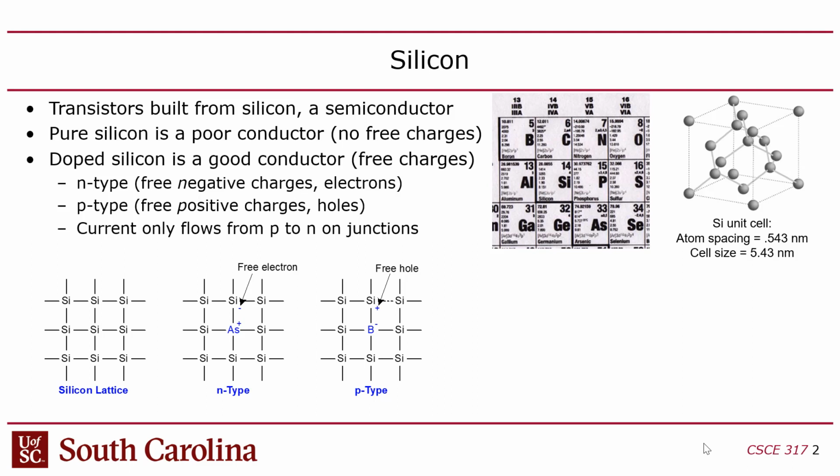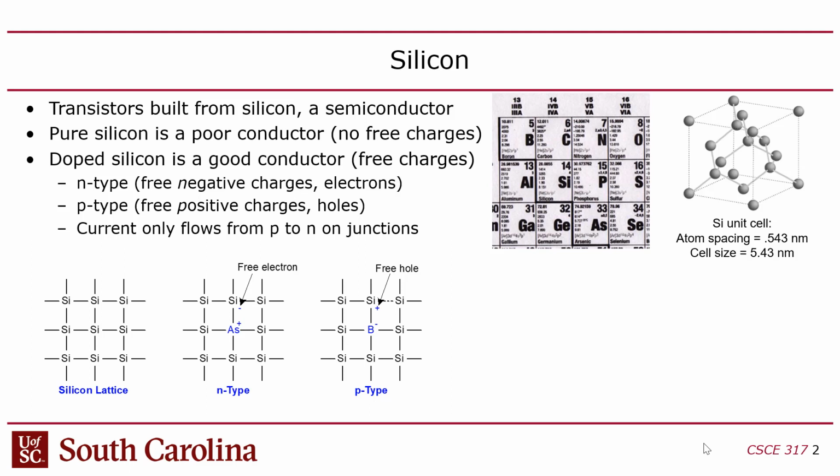In the case of boron, boron has 1 less electron in its outer shell than silicon does. So you've got basically a lack of an electron, which can actually move around in the lattice.